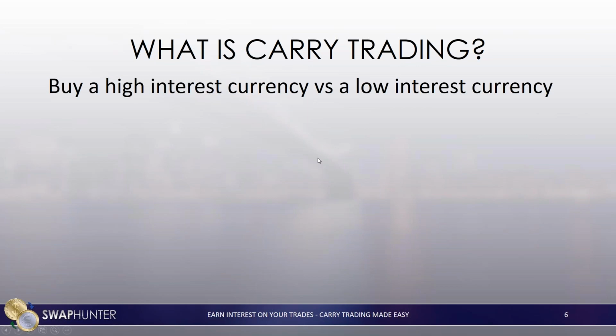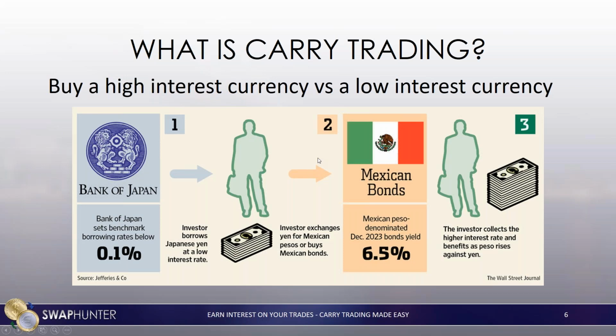Okay, so let's say, for instance, Bank of Japan. This is just an example. These aren't the current interest rates right now. They're probably quite close to this, but they're constantly moving given what's going on at the moment in the markets. So let's say we have Japanese yen against the Mexican peso, and the Bank of Japan, the central bank, offering 0.1% interest on your money to be held in a Japanese bank.